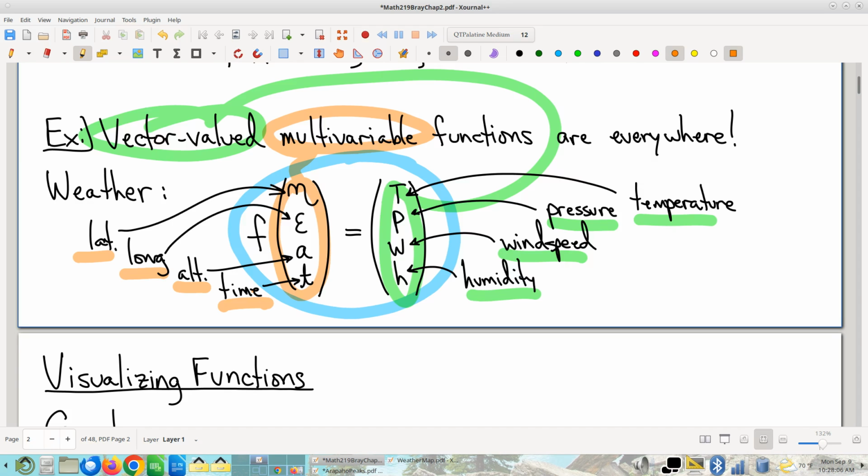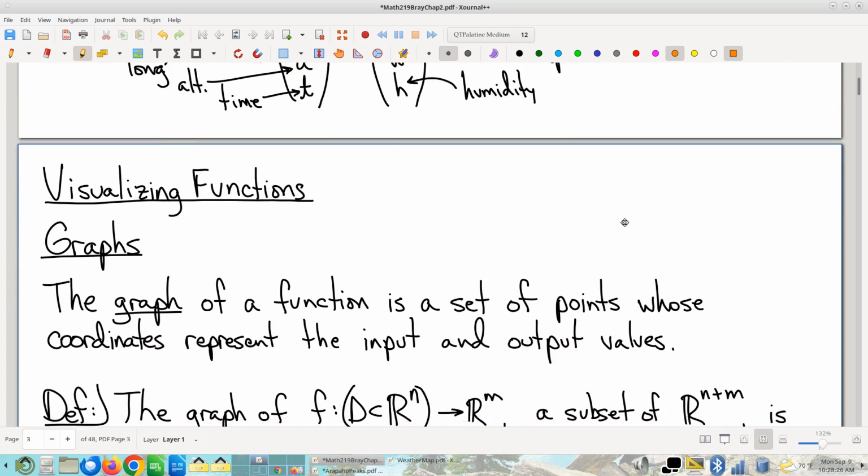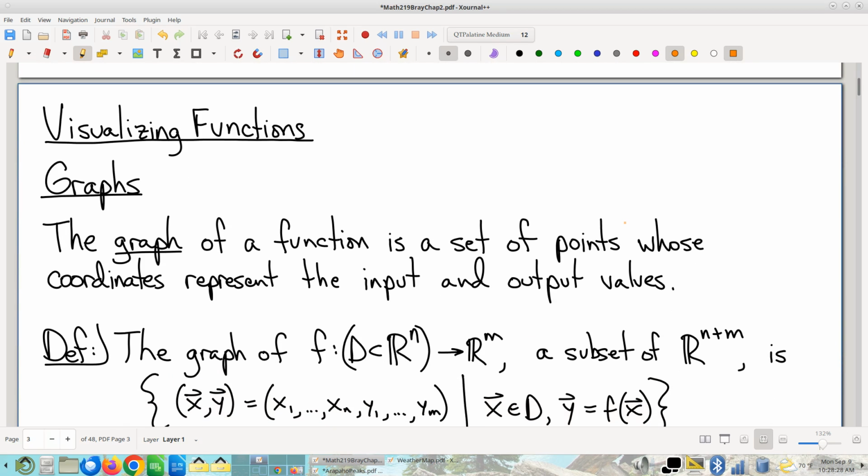So intrinsically, very naturally, it's a vector-valued multivariable function, even when you're talking about a trivial matter, a trivial conversation. I think it's an impactful example.